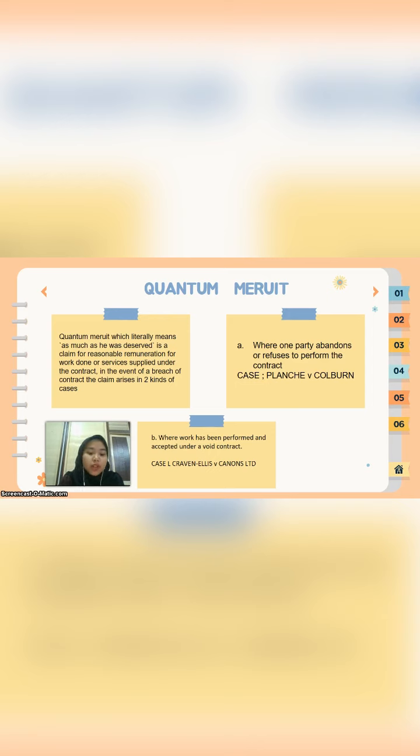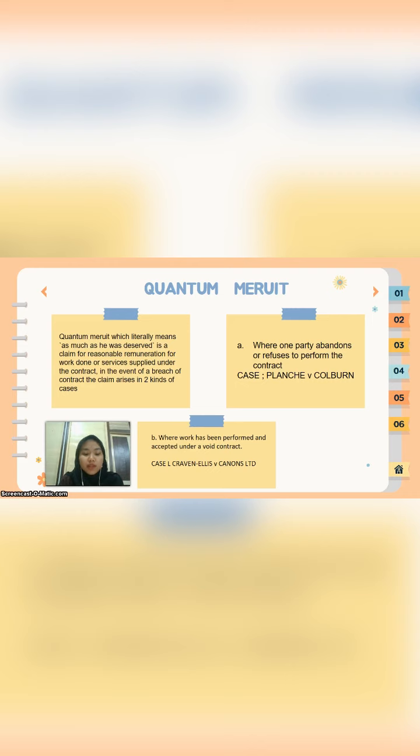The contract could not therefore be completely performed, and P sued C. It was held that C had repudiated the contract and P was entitled to treat it as discharged and recover on a quantum meruit for the work he had already done.